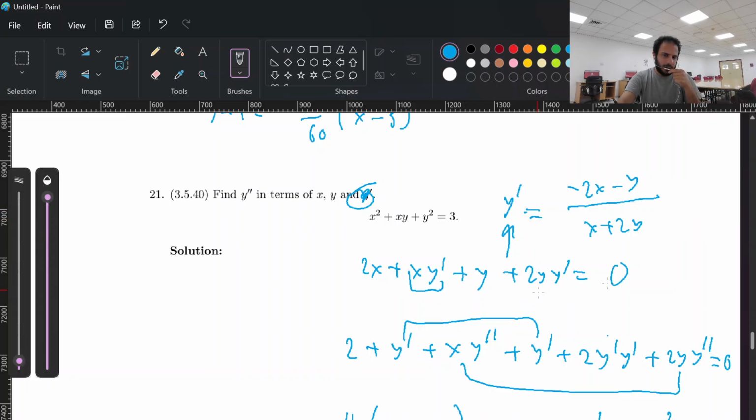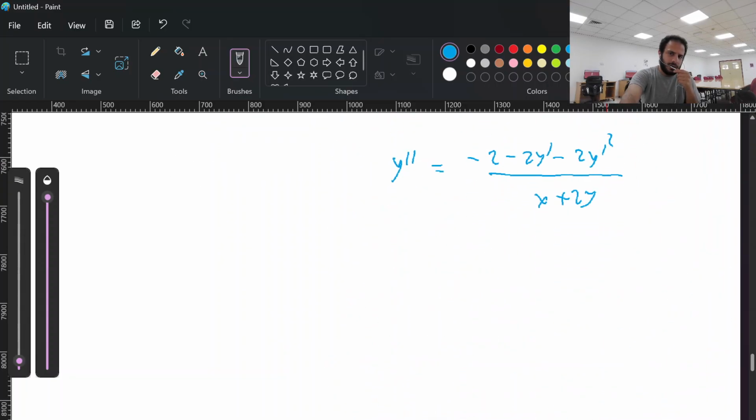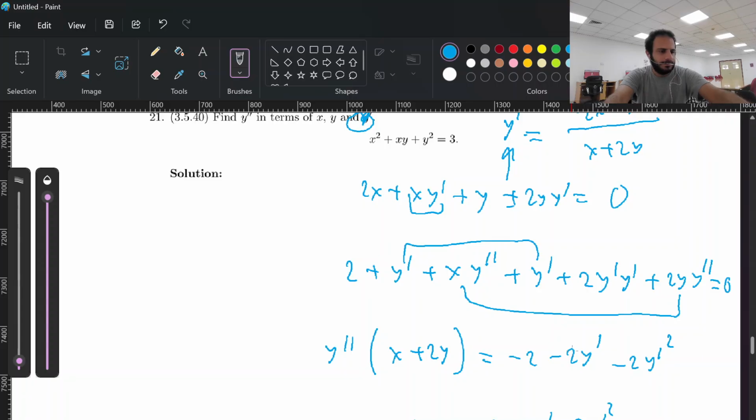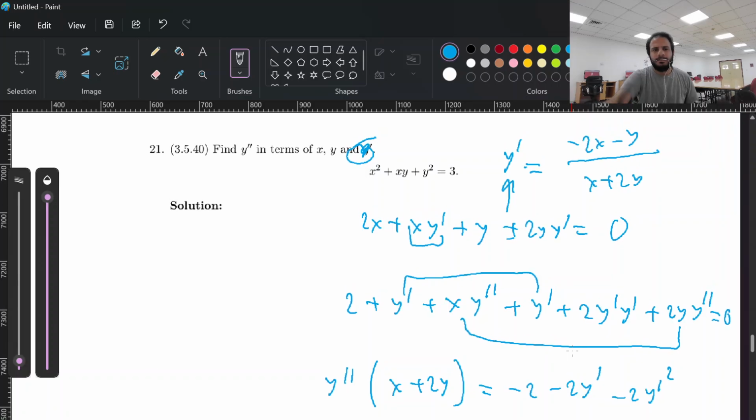Here I take common factor, and then we move everything to the other side and we divide, okay? If you substitute this down, you get the answer in terms of x and y. Do you have questions about this? Is it clear? Good.